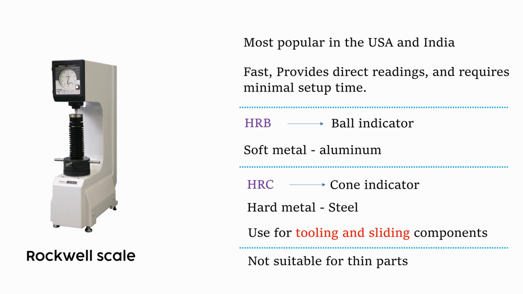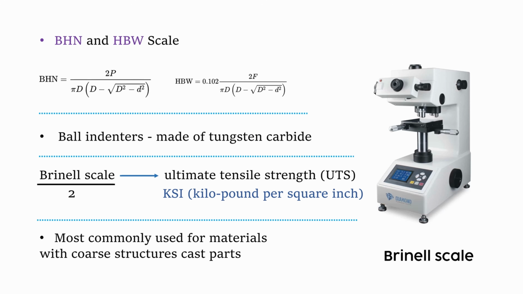Rockwell hardness testing is simple and fast, but not recommended for thin material. The Brinell scale is recommended for coarse structures like cast iron, and it is correlated with the ultimate tensile strength. So in this video, we will mainly focus on steel hardening.